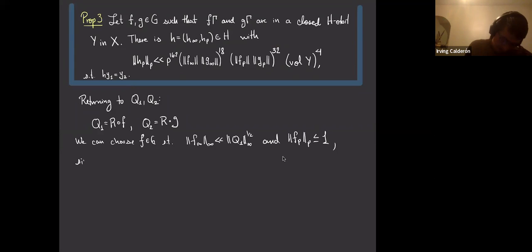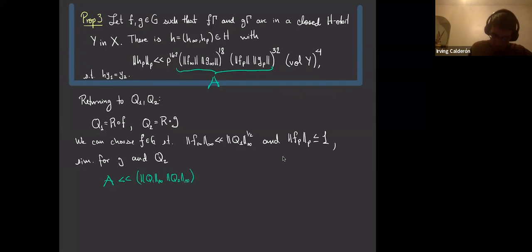And similarly for G and Q2. So this means that this term A here is controlled by the norm of Q1, norm of Q2 to the 9.